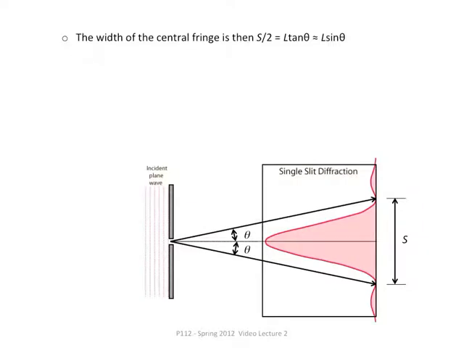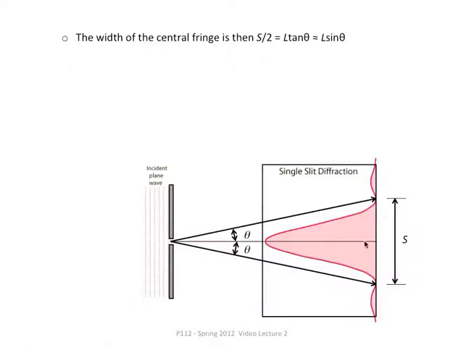So s divided by 2 gives us the distance between the central fringe and the dark fringe.